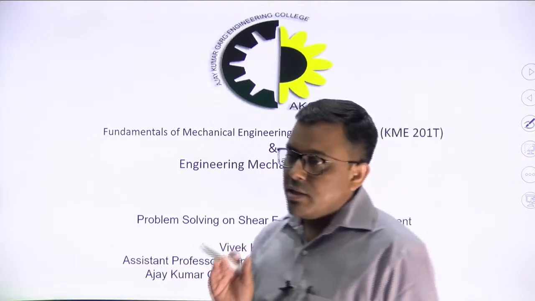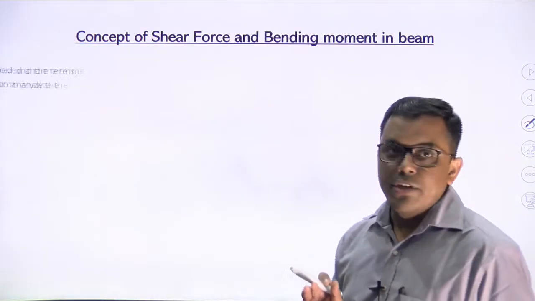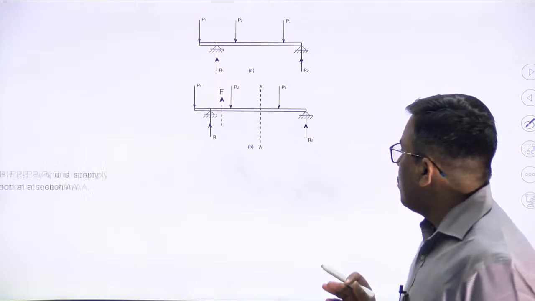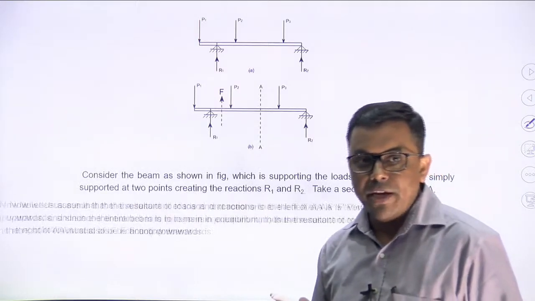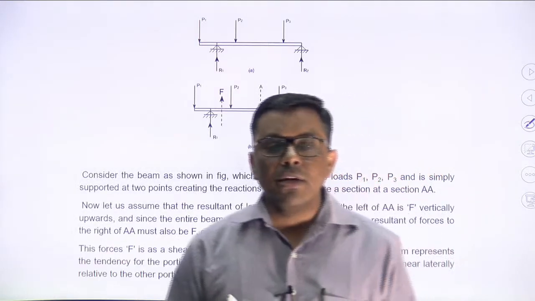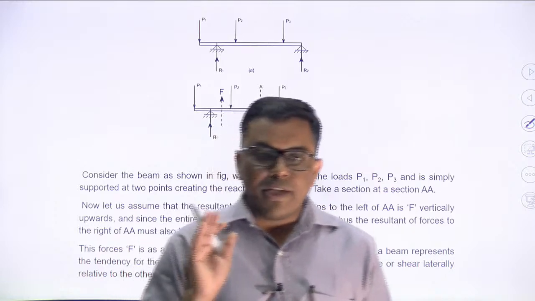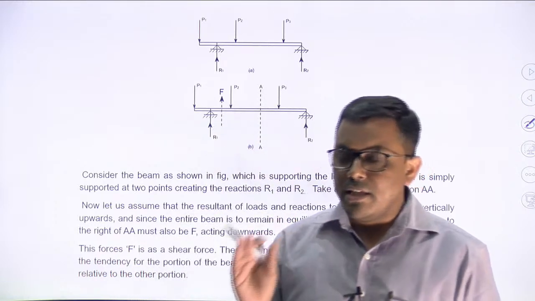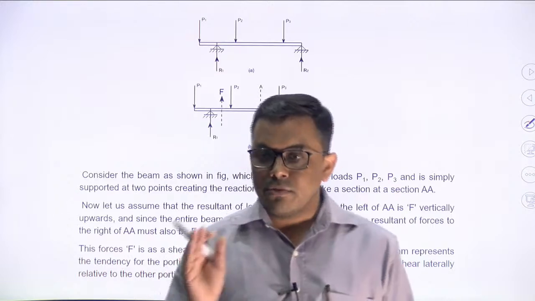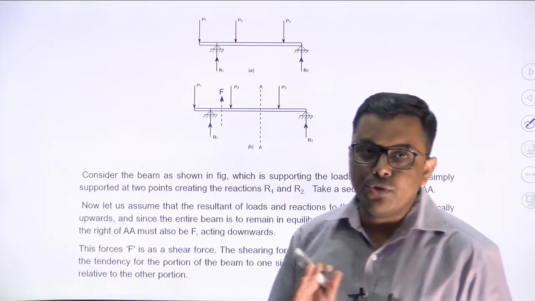I am considering in this lecture that you know what shear force and bending moment are. I am not going into much detail on how to find them. It is the algebraic sum of all the forces, and the algebraic sum of all the moments; the sign convention is known to you.